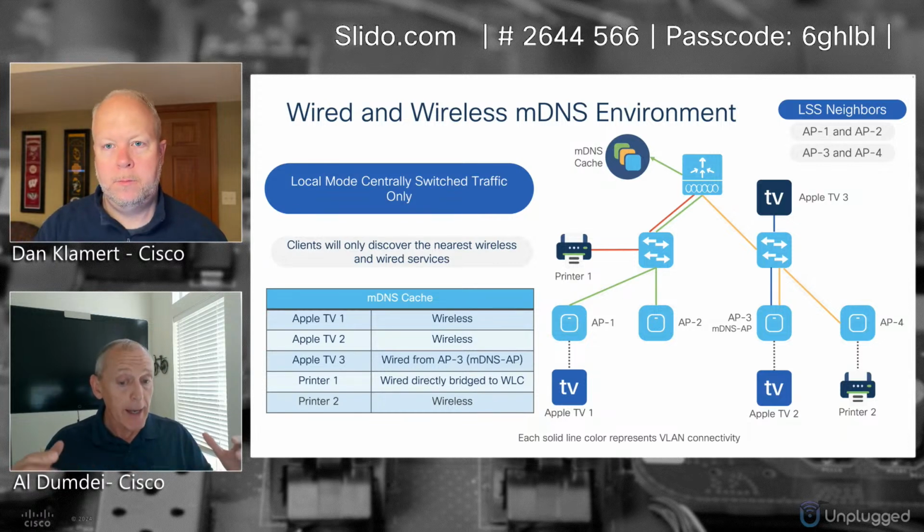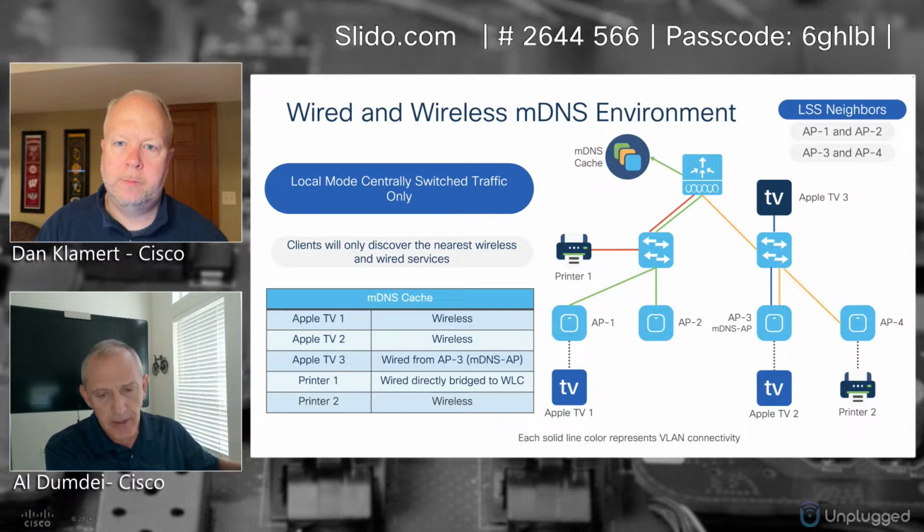So that is truly an RRM function, because we want to know what our neighbors are from an RRM standpoint. It uses that exact radio resource management function of determining who my neighbors are from an RF standpoint to determine what APs I should broadcast that mDNS functionality on.